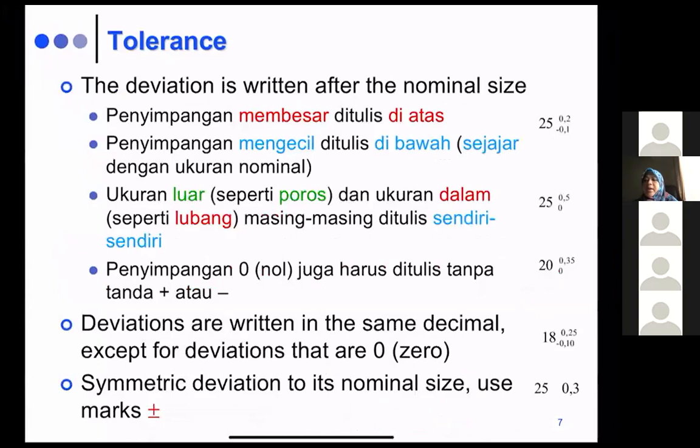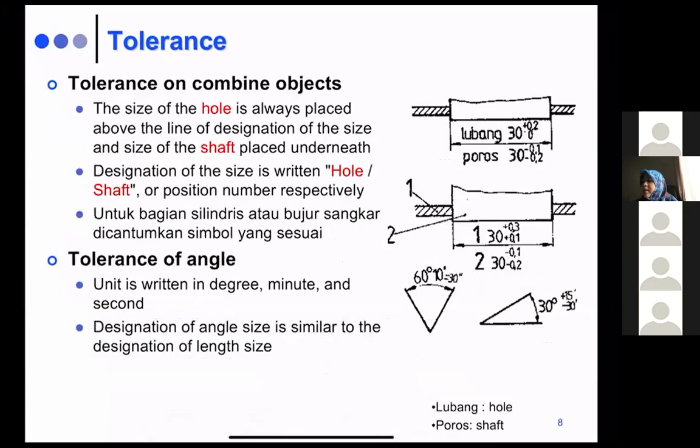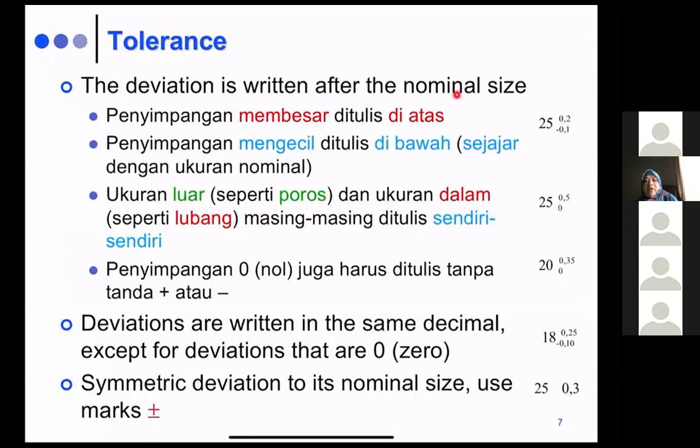Here the deviation is written after the nominal size. Penyimpangan membesar ditulis di atas. So the upper deviation we put up there, and penyimpangan mengecil ditulis ke bawah atau sejajar dengan ukuran nominal, which is the lower part. The lower deviation is put inside over here.